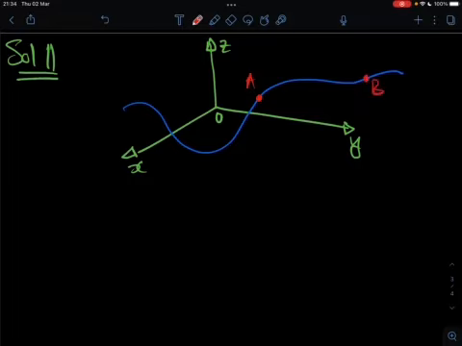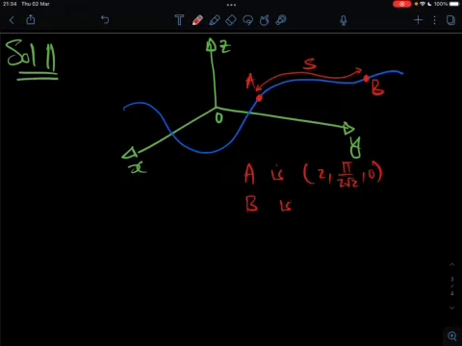What we are interested in is the length between these 2 points, which we'll refer to as S. And remember, the point A, as given in the problem, is 2, pi over 2 root 2, 0, and B is, in this case, 0, pi over root 2, then minus 2. So this is what A and B are in this problem. So the question now is, how can we find the length of this curve?